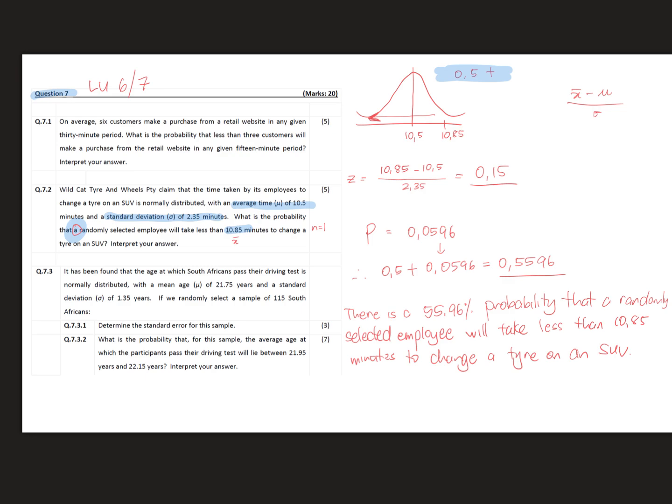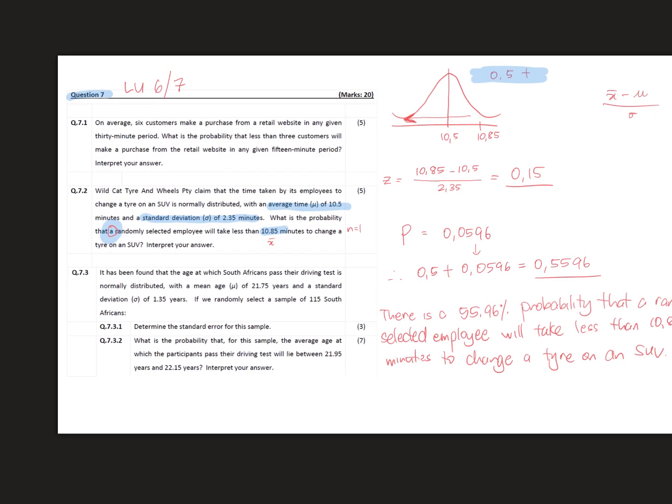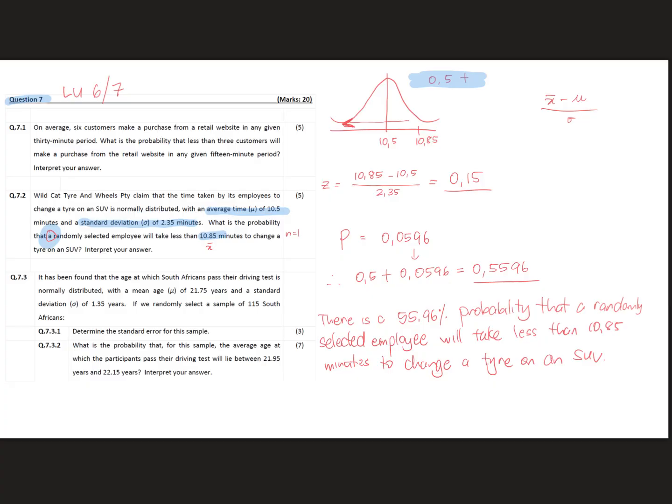So 7.3 says, it has been found that the age at which South Africans pass a driving test is normally distributed with a mean of, and again here they've given you the, sorry about that. So they've given you the mean of 21.75 and a standard deviation of 1.35 years.